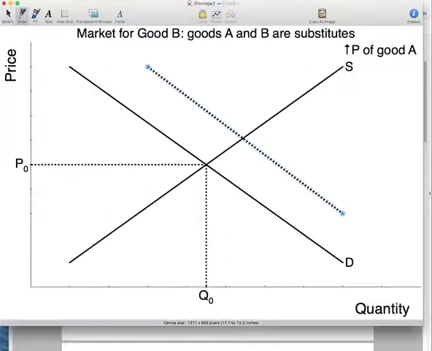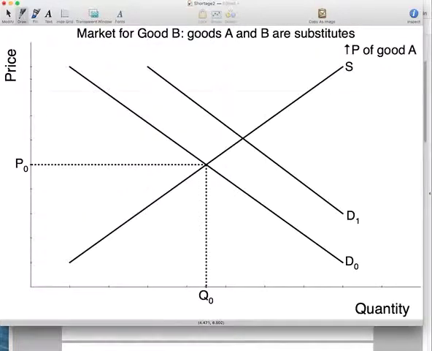Let me make that a solid line. And let's make this D0. We want to be able to accurately reflect which one is the original demand curve. So D0 is the original demand curve. I could take this and duplicate it, move it up, and relabel this as demand curve 1.